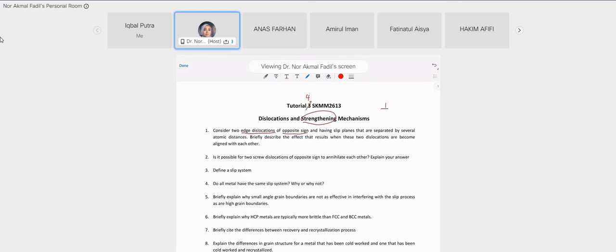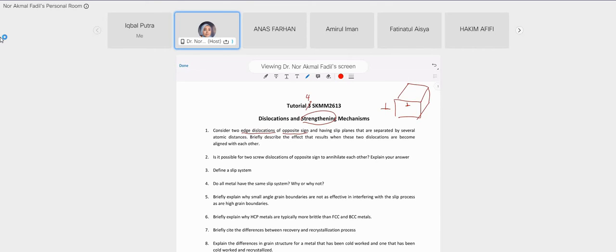So meaning that one having this sign, where the extra plane is located at the upper block of one block of material. Okay, for example, we have this one bulk material. So let's say inside the crystal structure there is a dislocation in this direction.